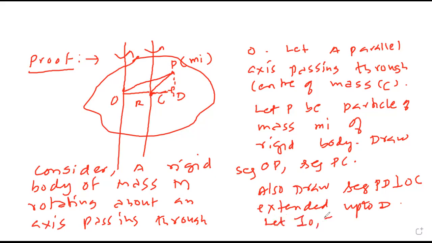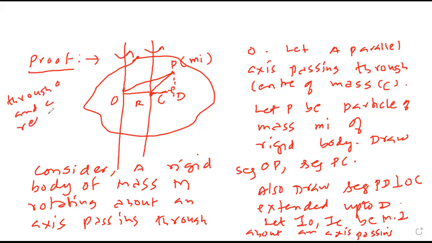Let IO, IC be moment of inertia about an axis passing through O and C respectively.